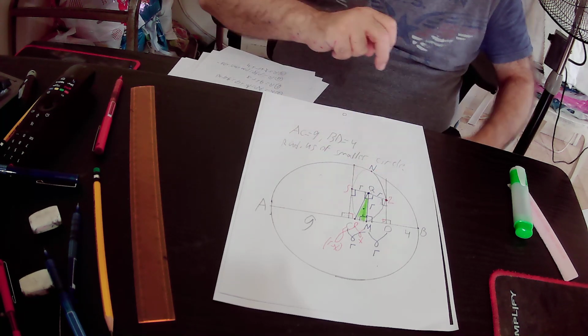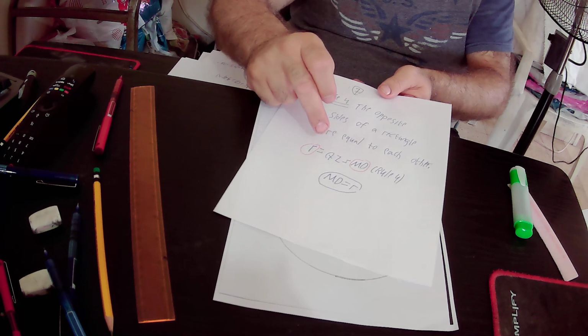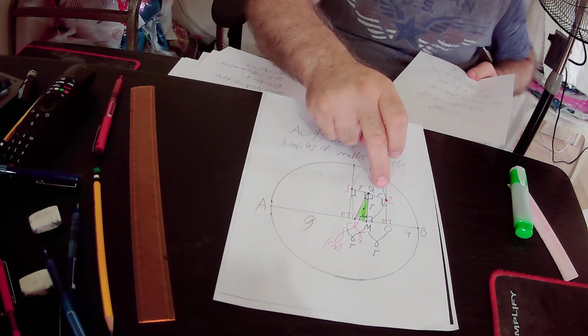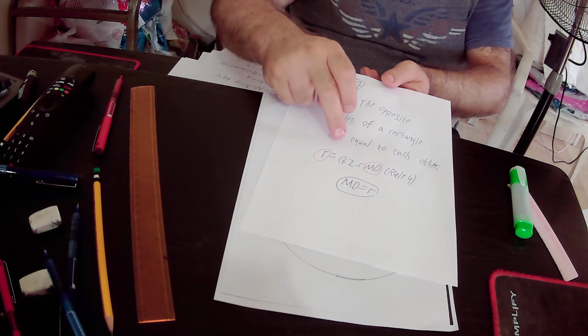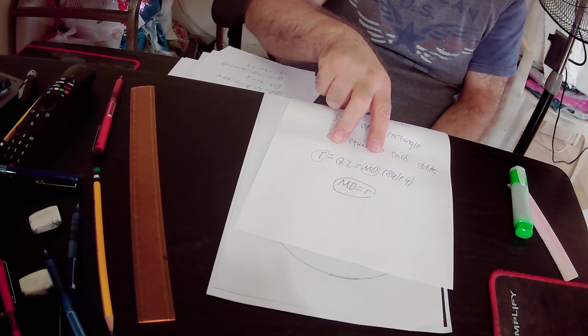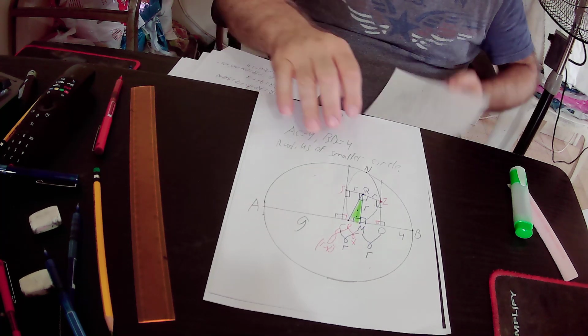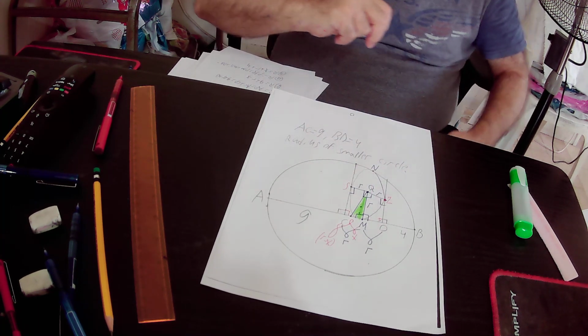QZ equals MD, but we know that QZ is the radius of the circle. QZ also equals R, so we can derive from this equality that MD equals small r, the radius of the small circle.